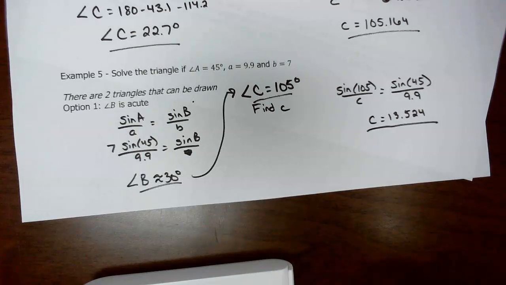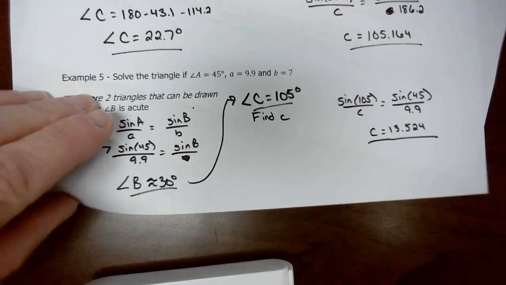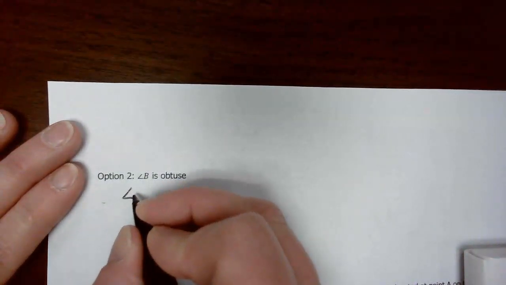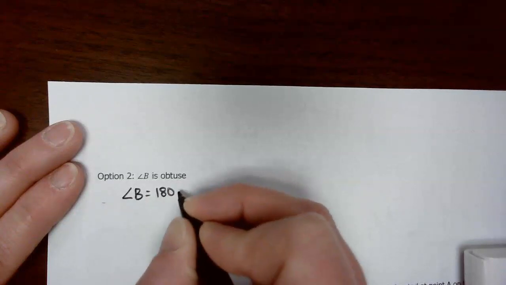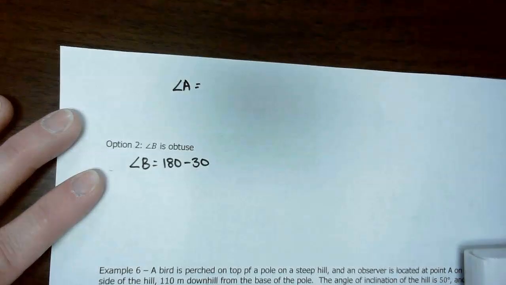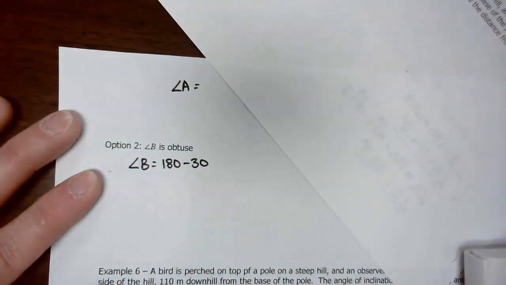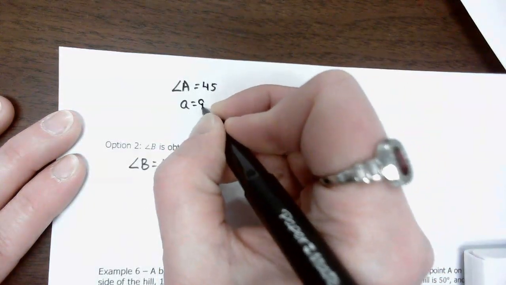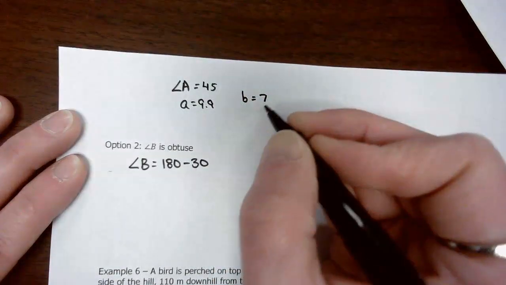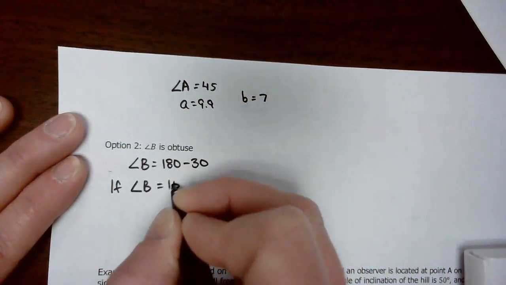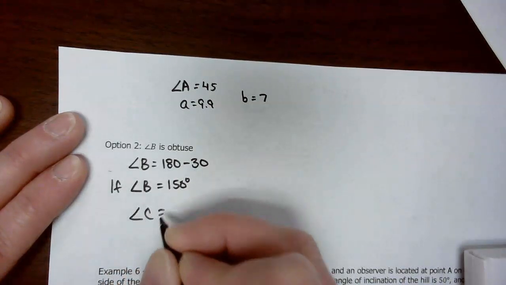Now, that's one option. The angle B is 30 degrees. But that's not the only option we have. So one option was that angle B was 30. The other option is that angle B is obtuse. So angle B would be 180 minus 30. Now, if angle B is 150, what would angle C be?